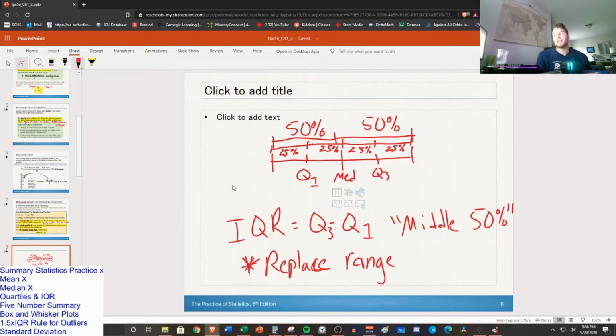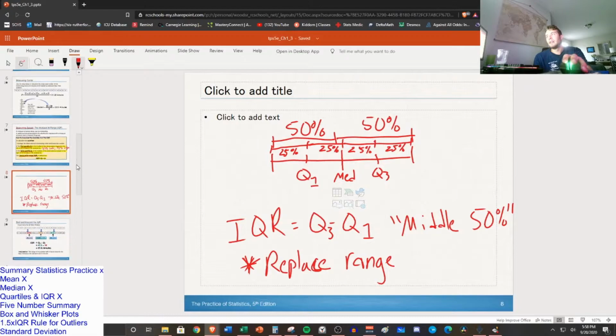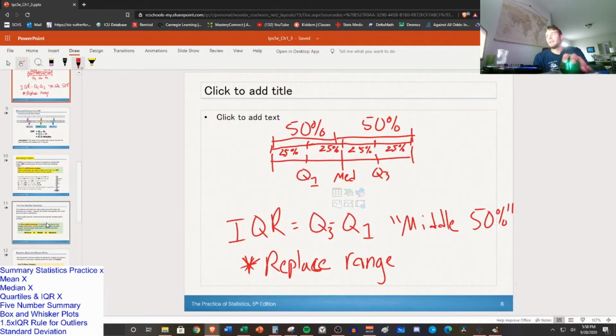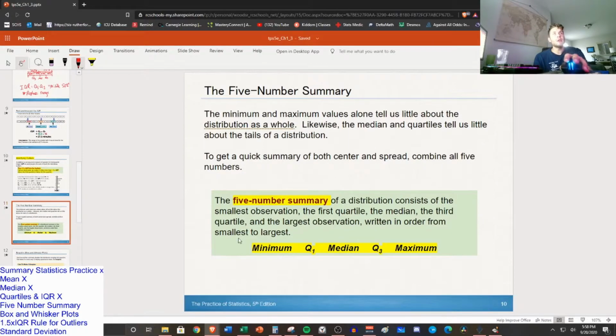There's one more way we're going to talk about that's very important. But at this point, we have discussed the quartiles and the meaning of IQR. Now, whenever you are doing your summary statistics, sometimes we are interested in something called the 5-number summary, okay?